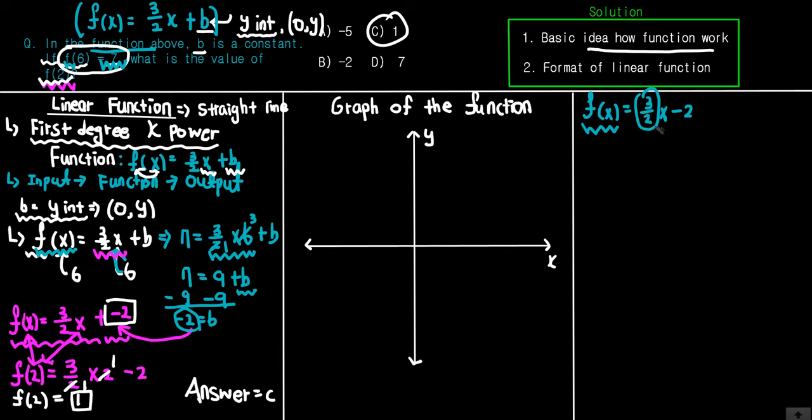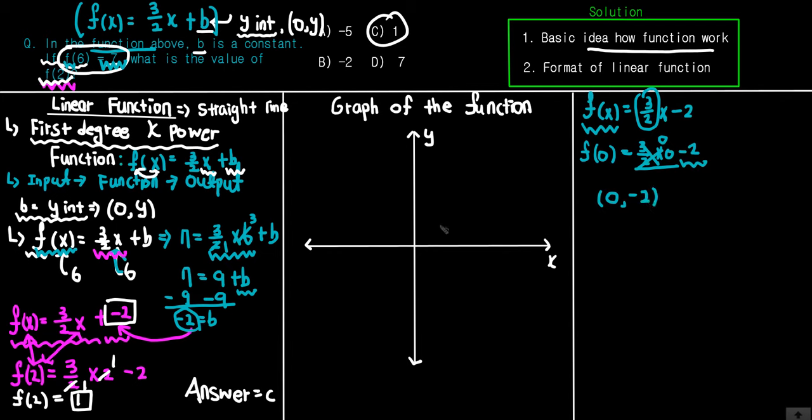So for f of x, we can input the value of x as 0, which is the easy case. We get 3 over 2 times 0 minus 2. This term right over here is going to cancel out as 0. We get -2. So f of 0 is going to be -2.